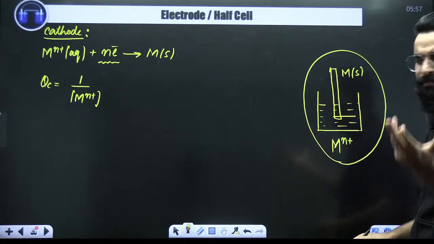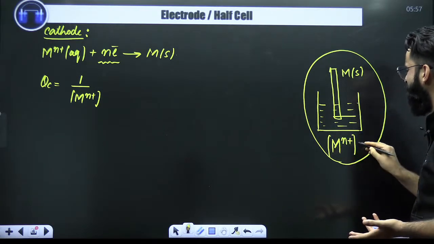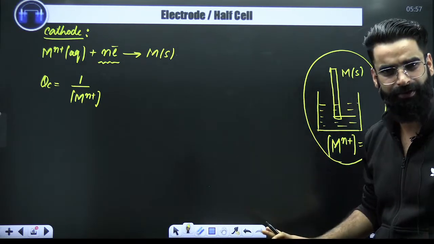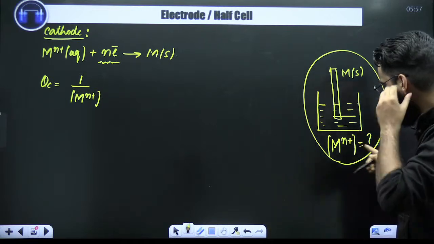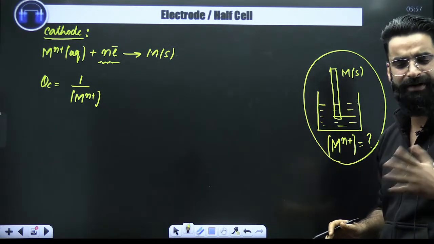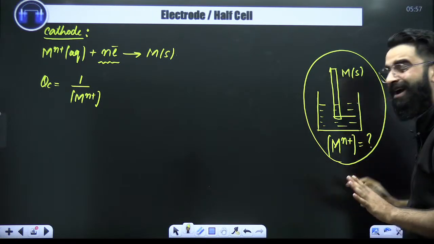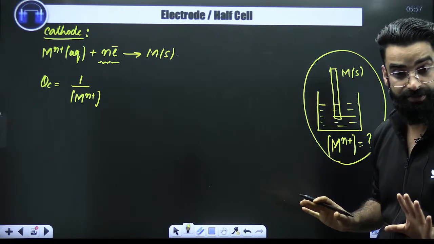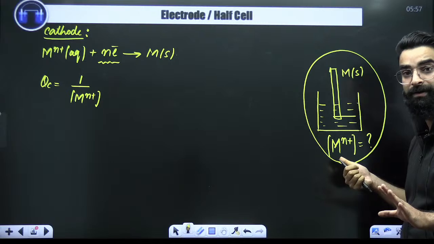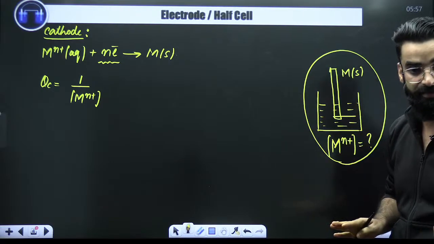Imagine the concentration of Mn positive in the container is anything, 3 molar, 4 molar, 5 molar. So basically, is this electrode present under standard conditions or non-standard conditions? I'm not keeping the concentration of electrolyte here as 1 molar. I'm keeping it different. So this particular electrode is present under non-standard conditions.